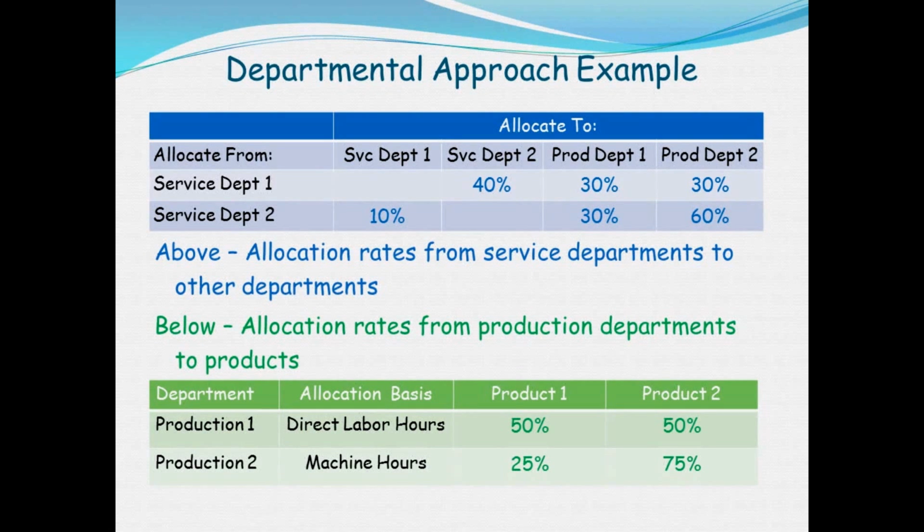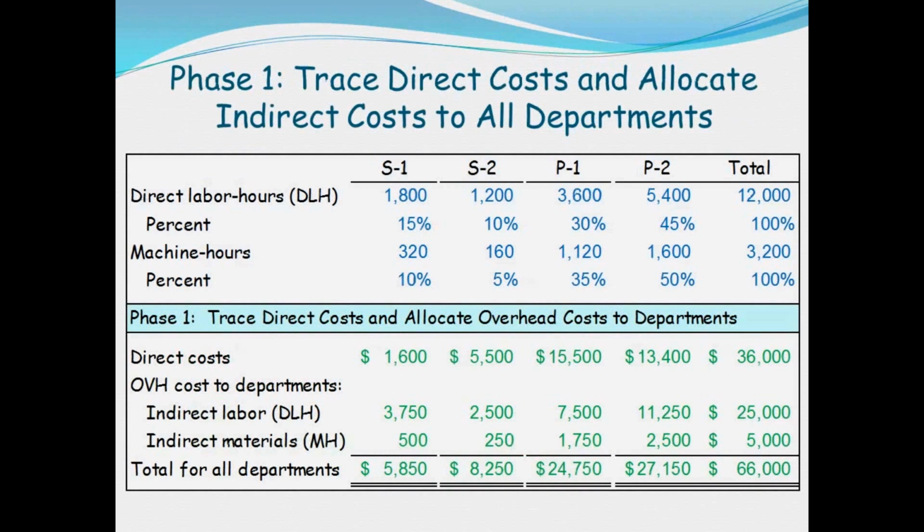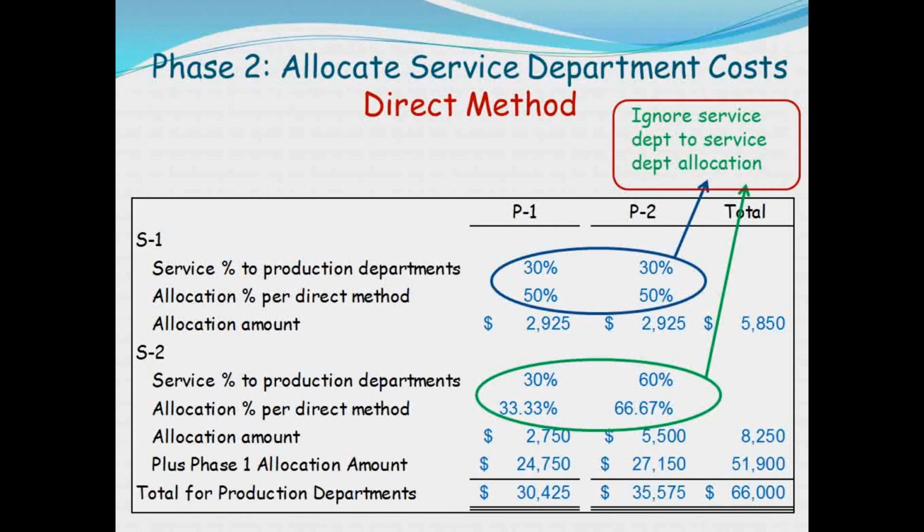Service Department 2, ignore that 10%, 30 and 60, it's really 1/3, 2/3, 33% and 67%. So in the direct method, you ignore the inter-service department allocation, which is what we've done here.